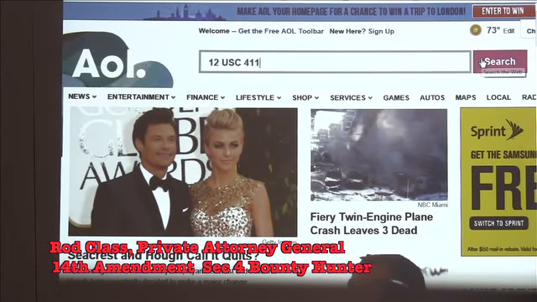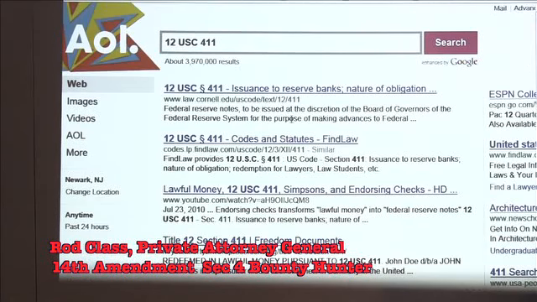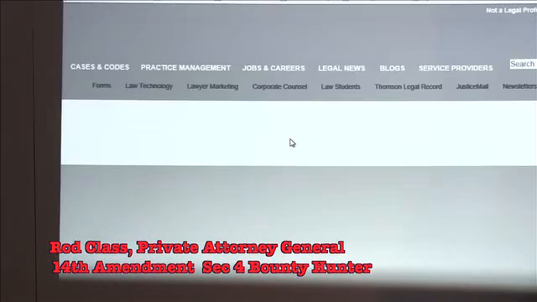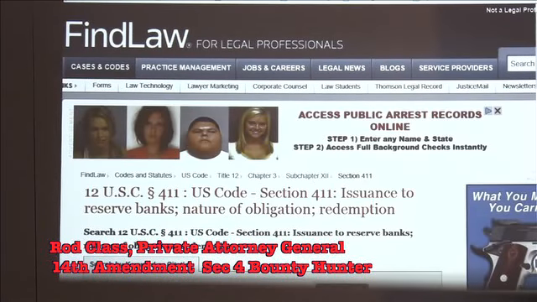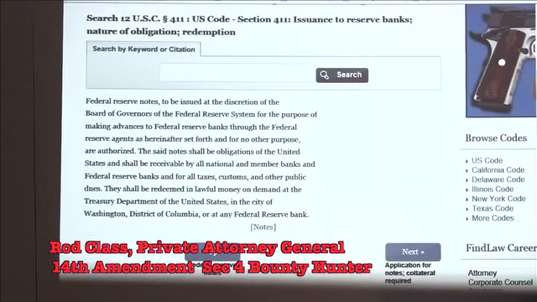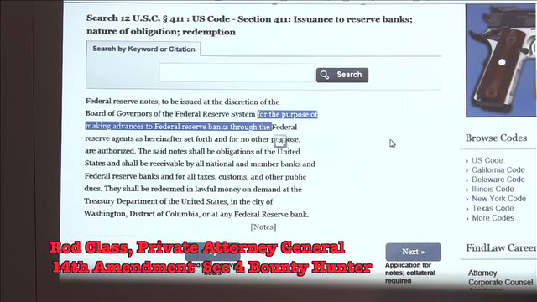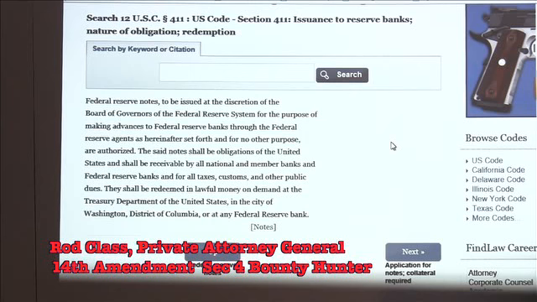I want to show you something else here. Title 12, 411. Remember earlier, I showed you the Federal Reserve Act of 1913. Even under their own statutes, it says Federal Reserve notes to be issued at the discretion of the Board of Governors of the Federal Reserve System for the purpose of making advancements to Federal Reserve banks through the Federal Reserve agent as hereinafter set forth, and no other purpose is authorized.